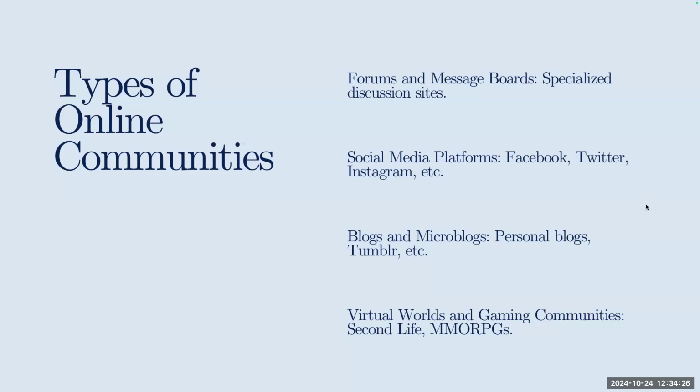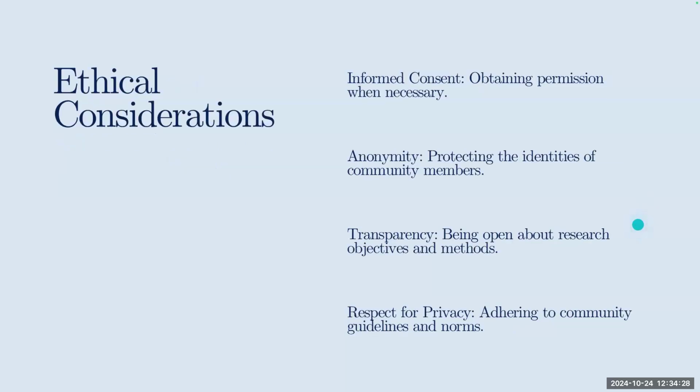All right, so now let's look at the ethical considerations. Ethical considerations are very critical in ethnography research. As researchers are entering digital spaces where users may not be aware that they're being observed, informed consent becomes a challenge. As the boundaries of public and private spaces are often blurred in online settings, we have to be aware of these things.